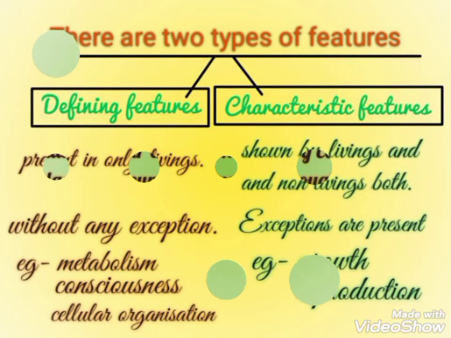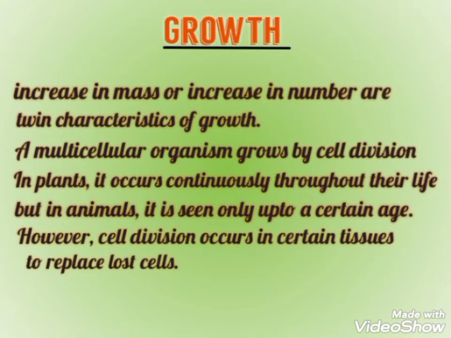First, let's take growth. Increase in mass or increase in number are the twin characteristics of growth. A multicellular organism grows by cell division, as its basic unit is the cell. In plants, growth occurs continuously throughout their life, but in animals, it is seen up to a certain age only.